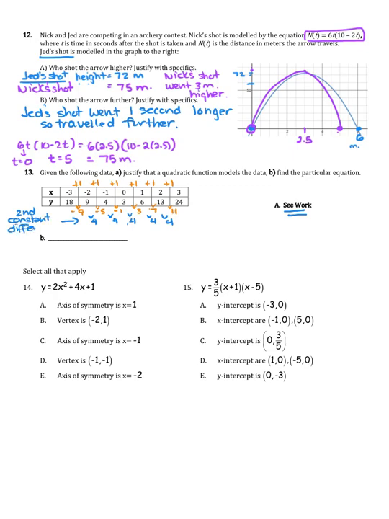Okay, so now they want us to come up with the equation. I strongly recommend, if you can use any points you want, use everything right around the 0. That'll make it a lot easier. So let's put this equation up on top: y equals ax squared plus bx plus c.